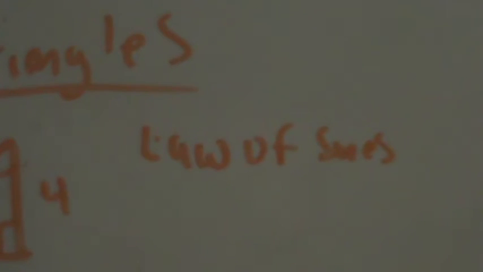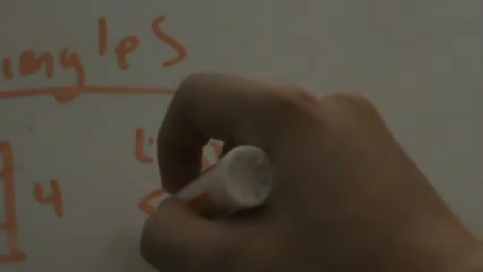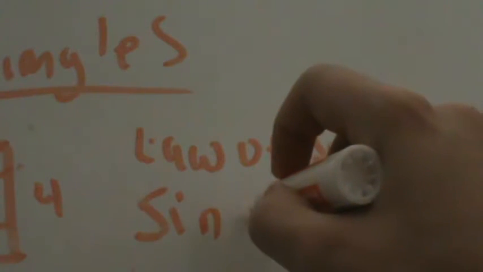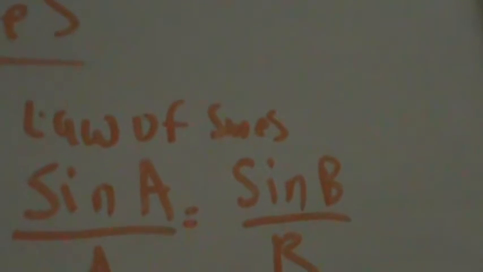The law of sines says that there has to be a proportion within a triangle such that the sine of the angle corresponding to a side, let's say that side is A, has to be equal to the proportion of the angle opposite to another side, let's say B. So this is the law of sines.